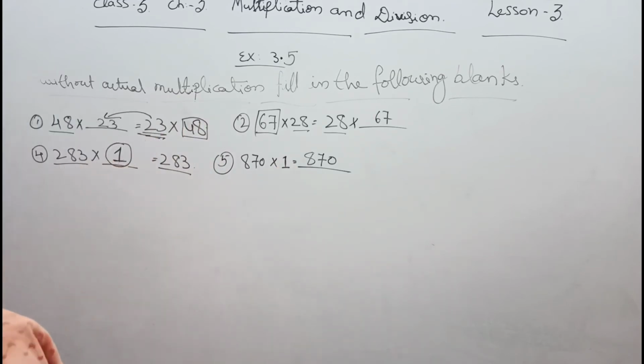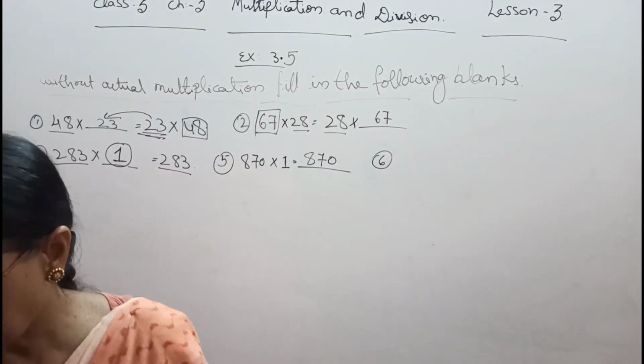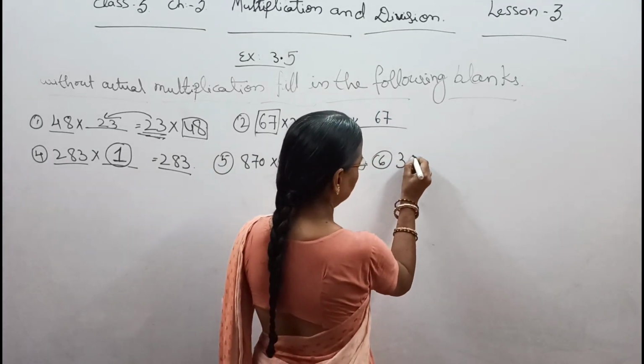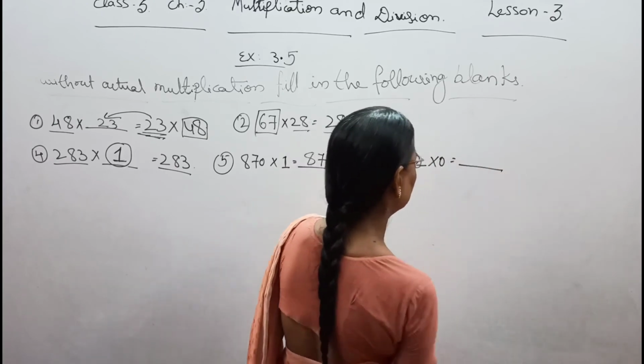Now question 6, that is 392 into 0 equals dash.